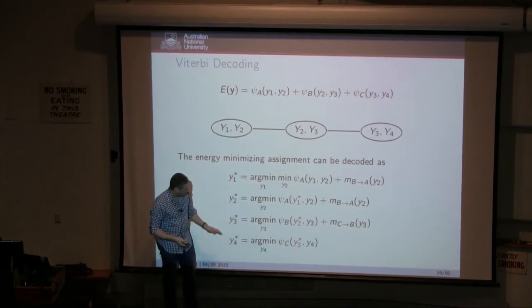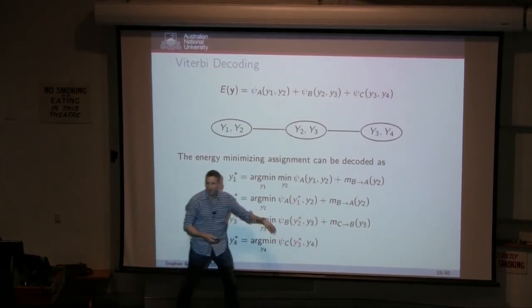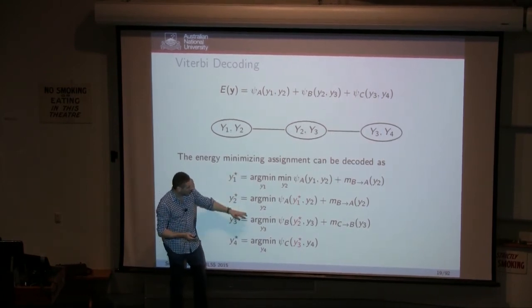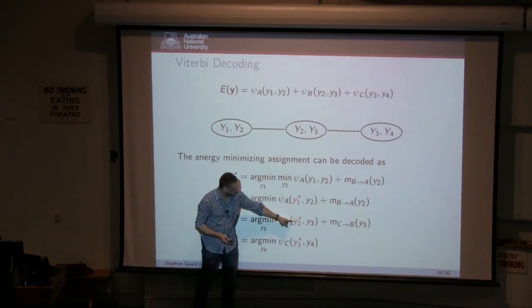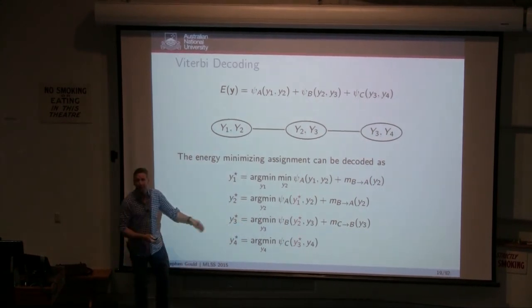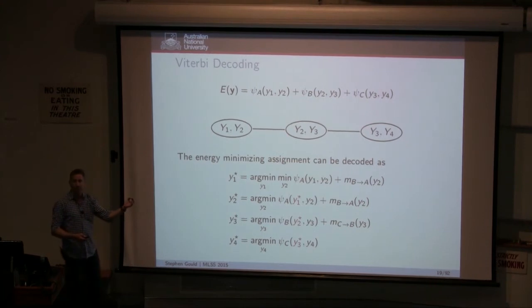It doesn't matter on the last variable because I could pick any of the y4s and that gives me the same value of the energy function. But if I chose a particular value of, say, y2 earlier on, where I need to then choose a value of y3 which is consistent with that minimizing value of y2.